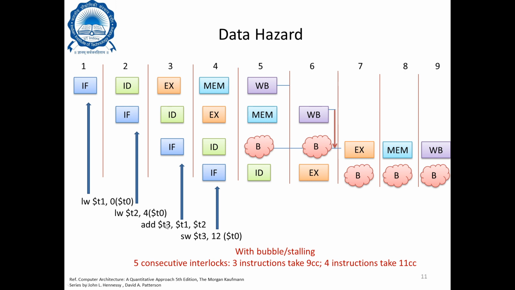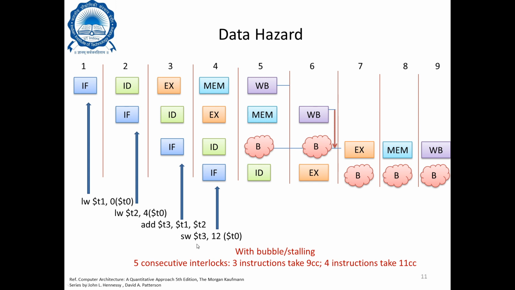We will have to put it into the data memory from the register T3, but register T3 is not available until clock cycle number 9. So we will have to keep inserting bubbles in 7, 8 and 9 consecutively. Once this is done, in the next stage we may have a data memory followed by write back.